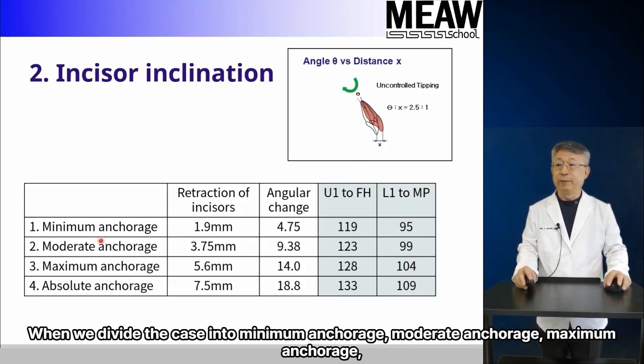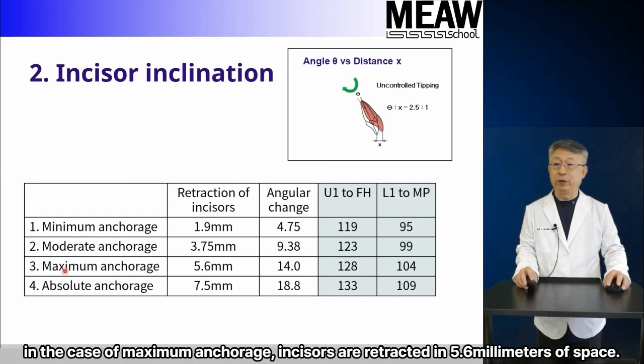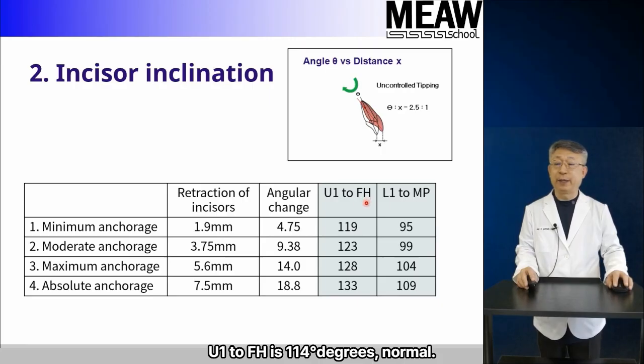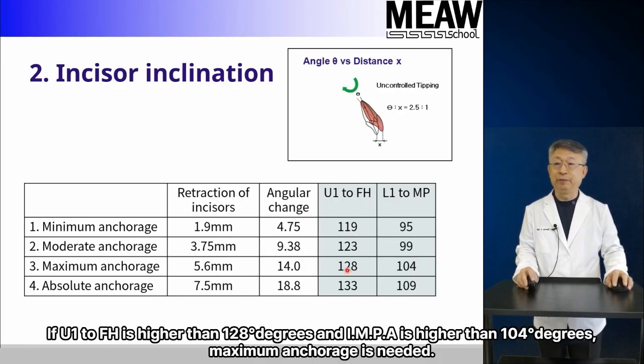When we divide the case into minimum anchorage, moderate anchorage, maximum anchorage, in the case of maximum anchorage, incisors are retracted in 5.6 millimeters of space. 14 degrees of change is needed. U1 to FH is 114 degrees, normal. If U1 to FH is higher than 128 degrees and IMPA is higher than 104 degrees, maximum anchorage is needed.